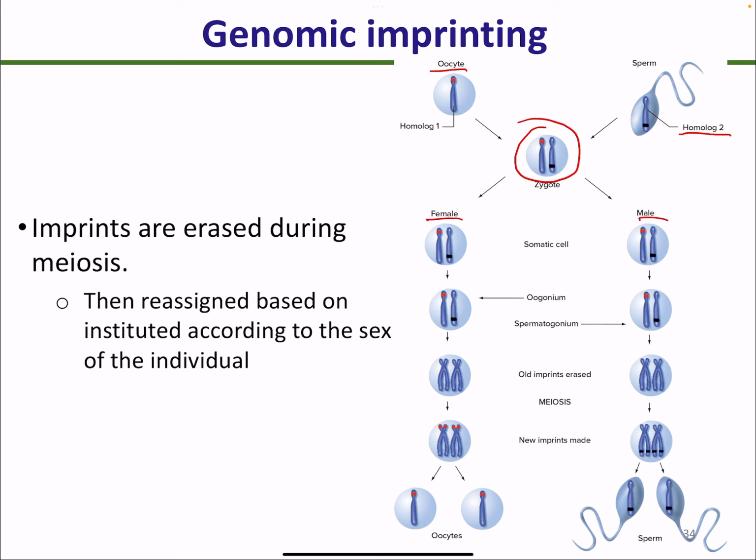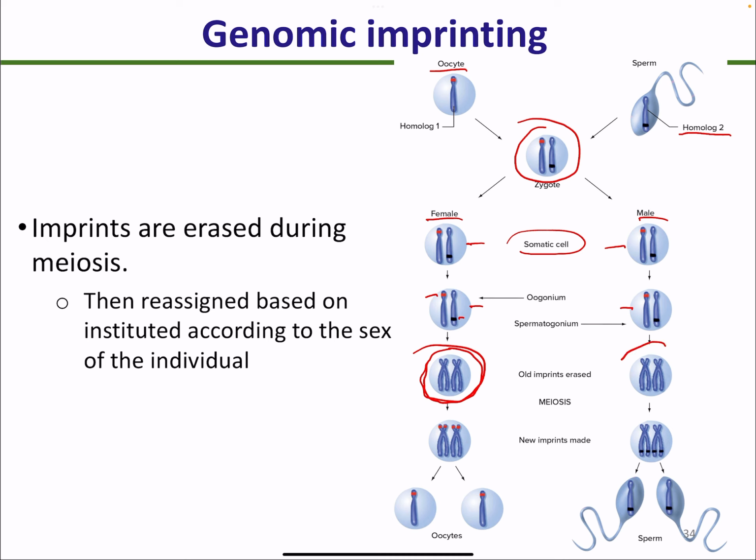So now in somatic cells, this is what we are going to have. In reproductive cells, future sperm cells and future egg cells, we are going to have the same thing here. However, during meiosis, notice that what was imprinted here and here is not imprinted anymore.